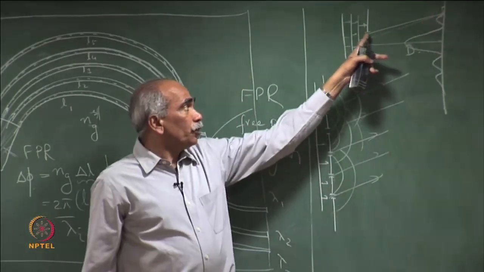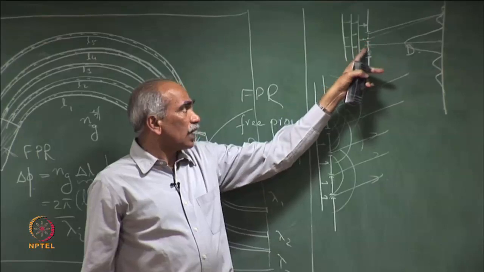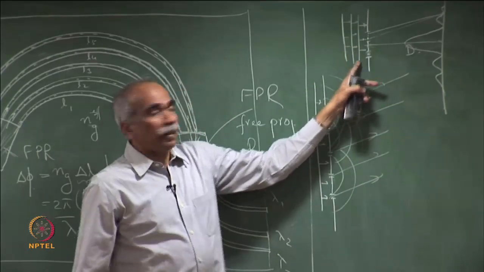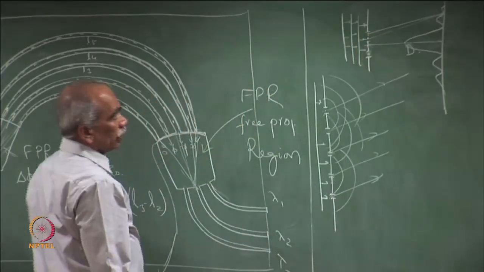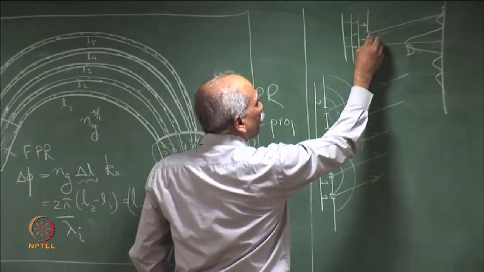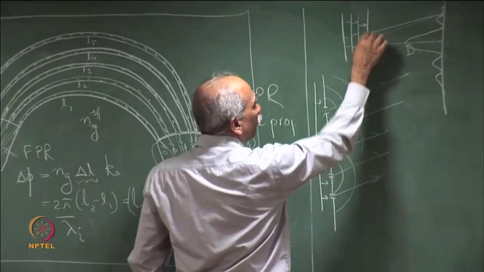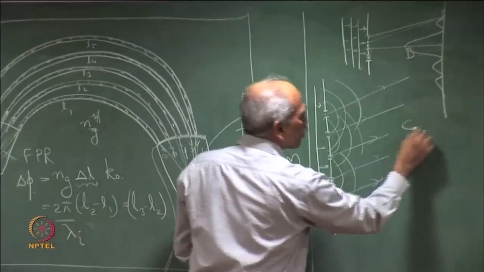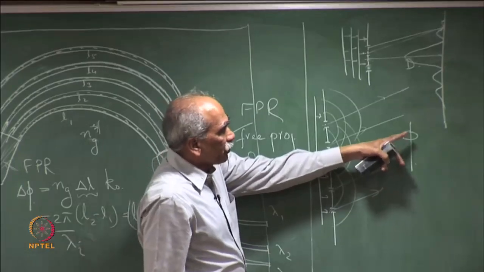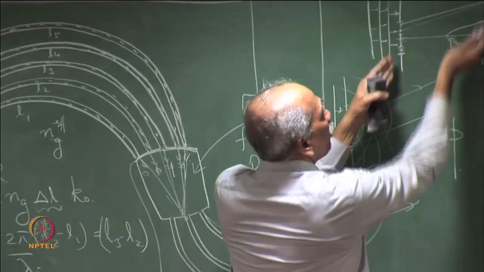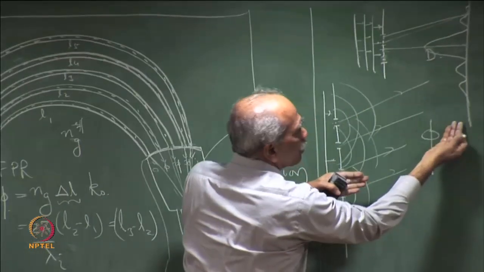This is by assuming that all the point sources are in phase, but if we assume that these point sources are separated by a phase difference of phi, then depending on the phase difference phi, the peak will shift to that side or this side.